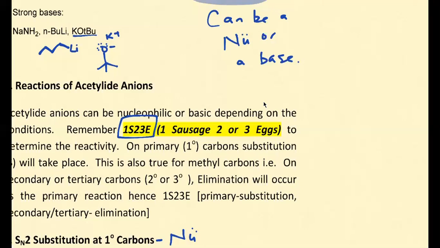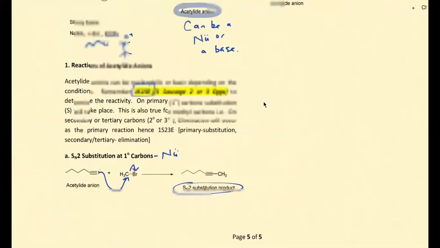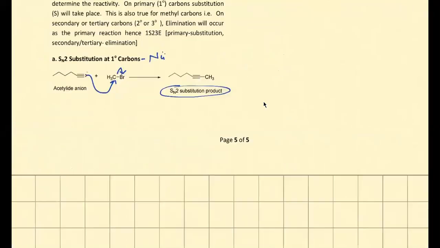You have a secondary or tertiary alkyl halide in the presence of that acetylide anion, you're going to get elimination. So that's a good way to remember that. All right, 1S, 2, 3E: 1 sausage, 2 or 3 eggs. A good way to commit that to memory. All right. Any questions about anything we talked about?